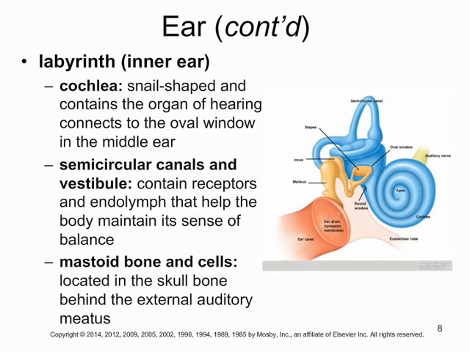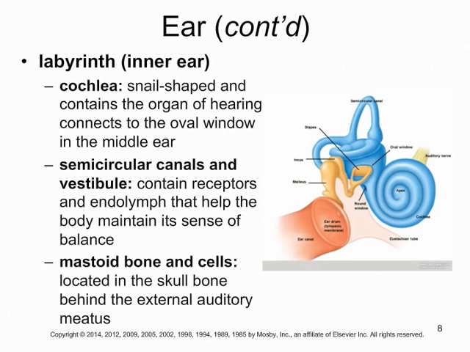The inner ear is also called the labyrinth, and it's called that because of the way that the inner ear is shaped. That contains a cochlea. The cochlea is the snail-shaped part, or the circular portion, and that is considered the organ of hearing. Inside the cochlea, there are tiny hairs.